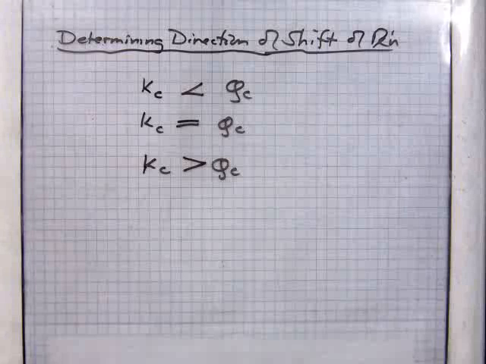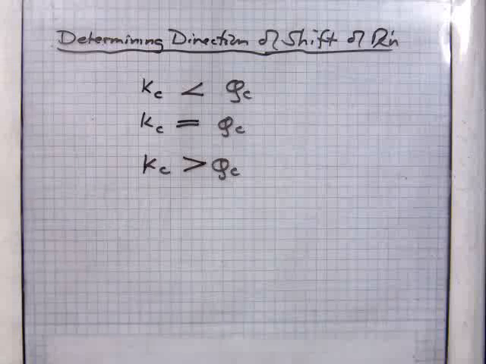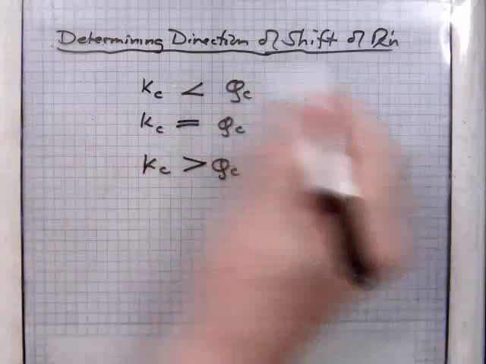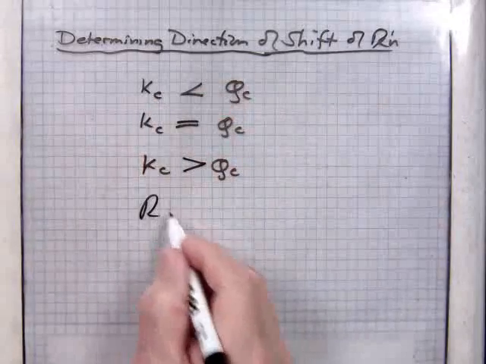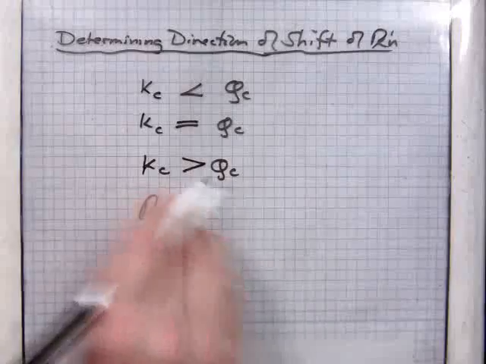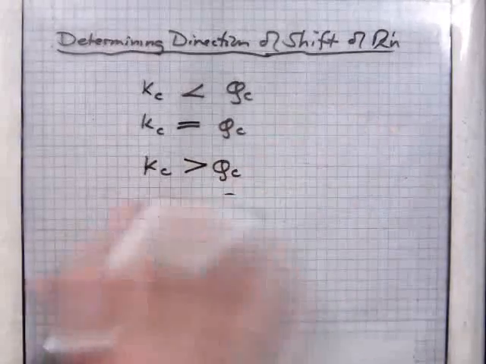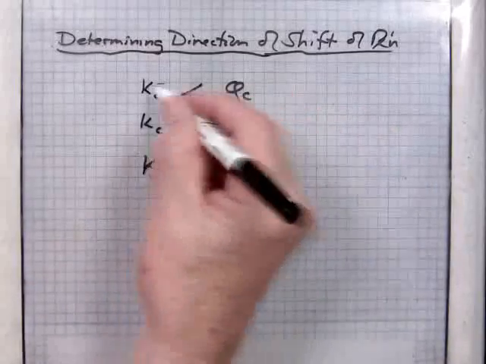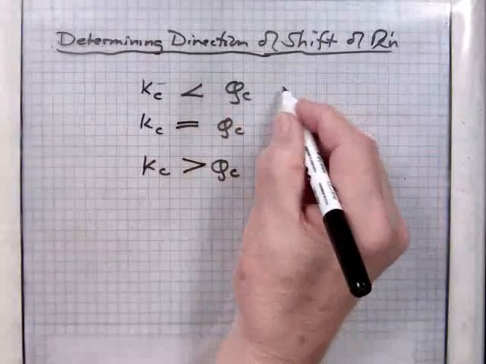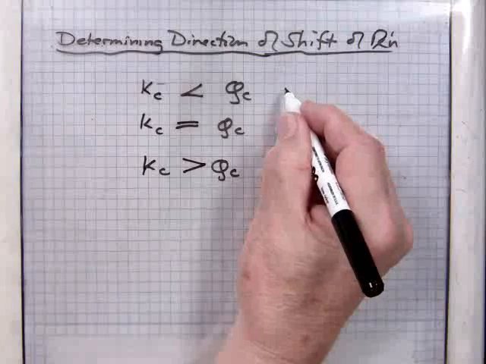Now the textbook, if you looked it up in the textbook, they always give QC first. And students get confused. But if you do this, just look at the inequality for reactants going to products. If this is the condition you have, the reaction will proceed to the left.